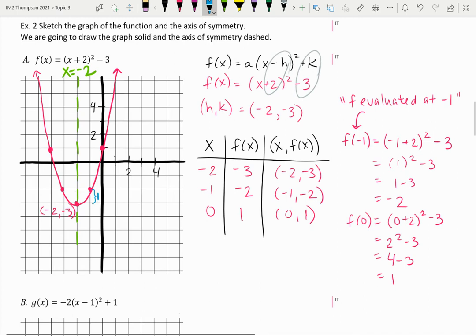Here I have a difference of 1. To the next point, I have a difference of 3. And to the next point, I have a difference of 5.